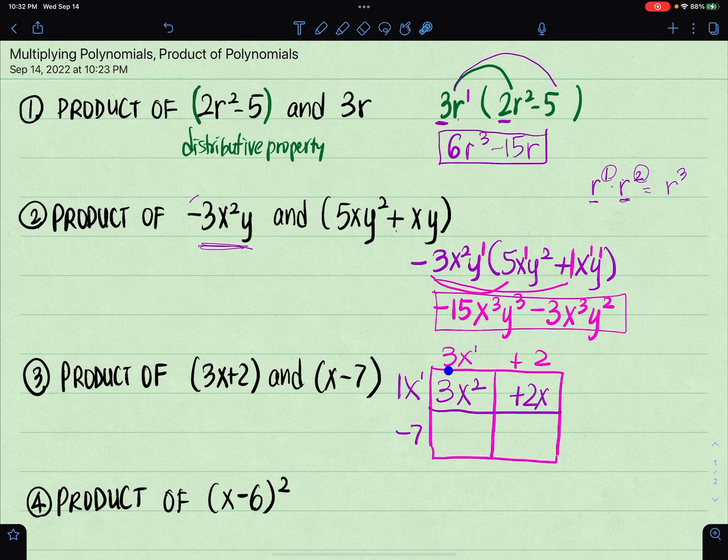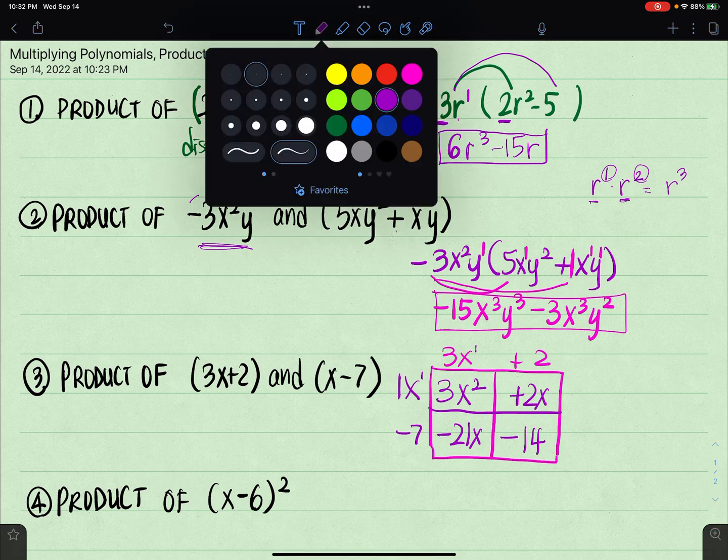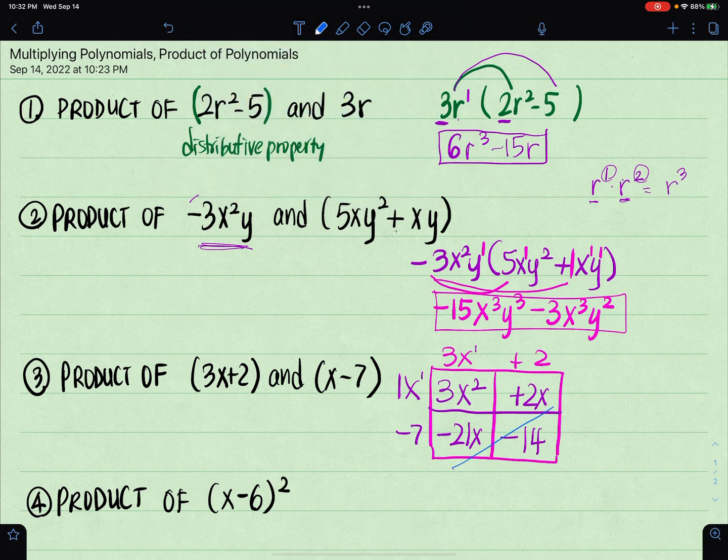Negative 7 times 3x is negative 21x. Negative 7 times 2 is negative 14. Notice that when you look diagonally, we have like terms. And when we have like terms, you need to combine like terms. So we're going to add whatever the like terms are.